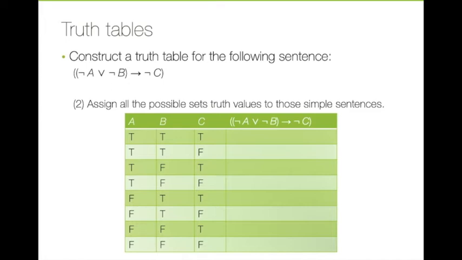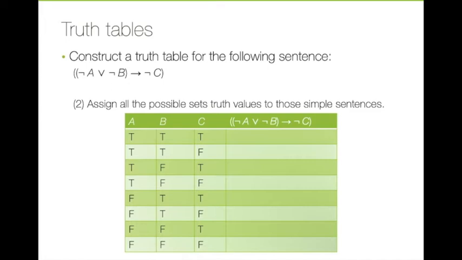Then in the final column, we halve the number of trues and falses in a row again. It was 2, now it will be 1, so we alternate true and false. The last simple sentence letter column will always be alternating true and false.